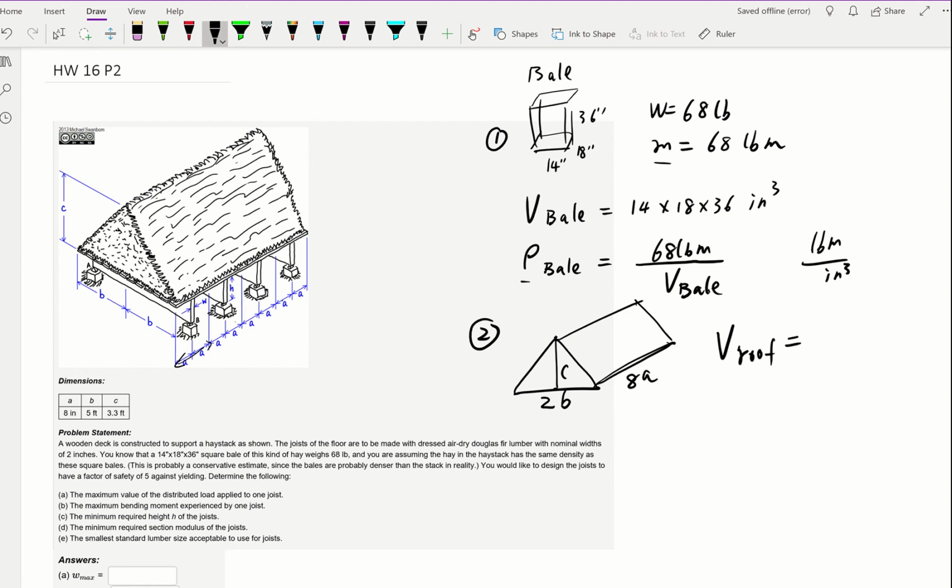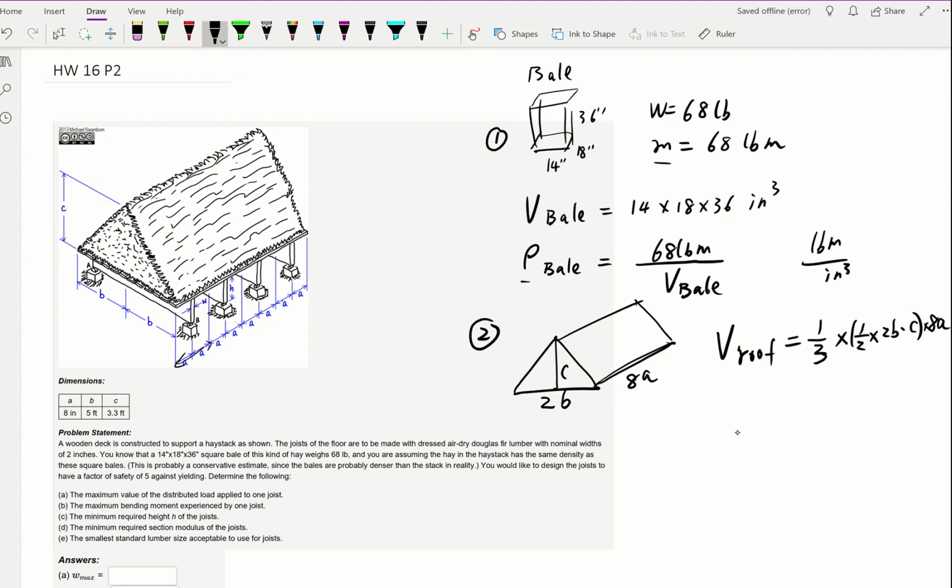For a triangular prism, the formula is one third the area of the base, which is half base times height for that triangle, times the height, 8a. So knowing that, we have our volume of this roof.